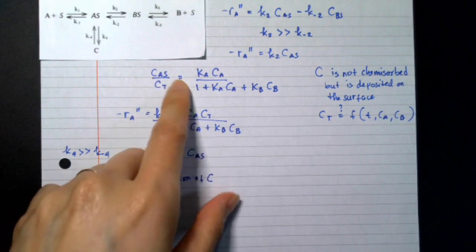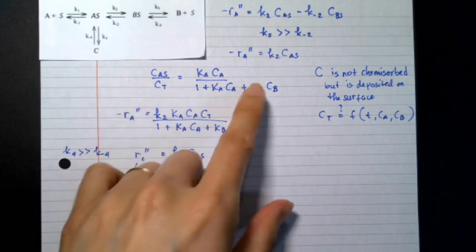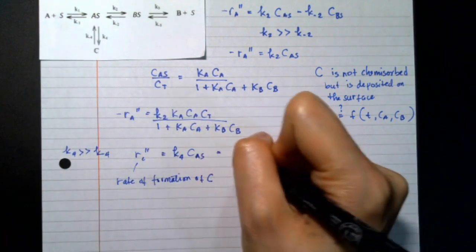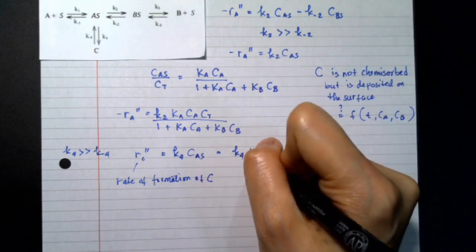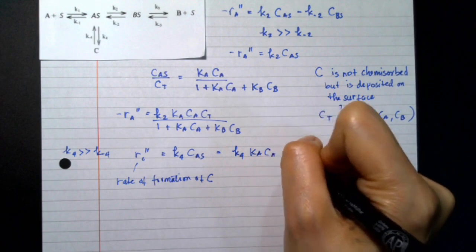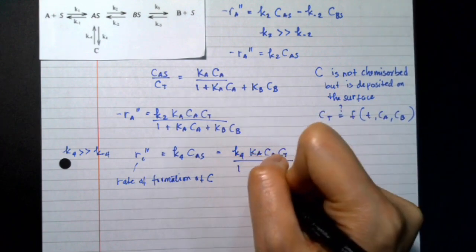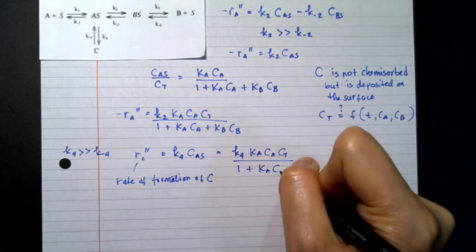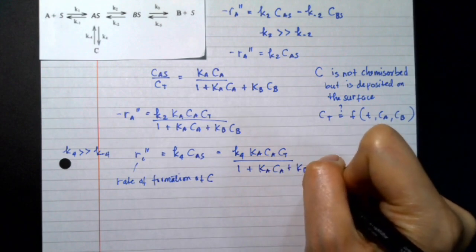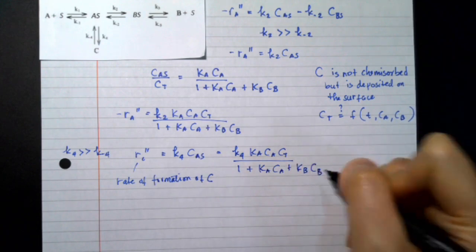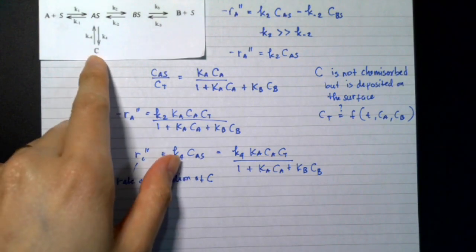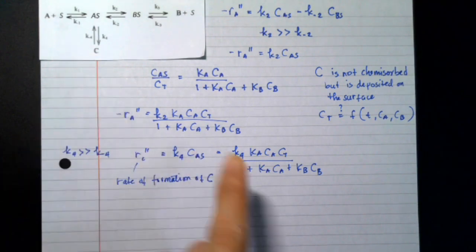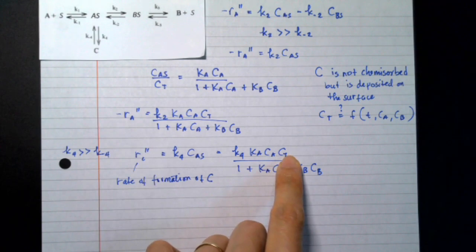But we have an expression for CAS in terms of the bulk concentrations. So this one is K4 times KA CA CT divided by 1 plus KA CA plus KB CB.